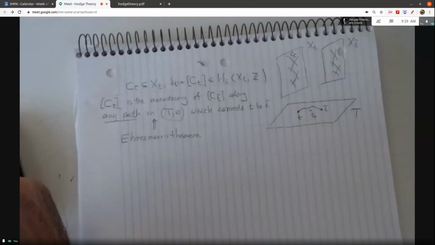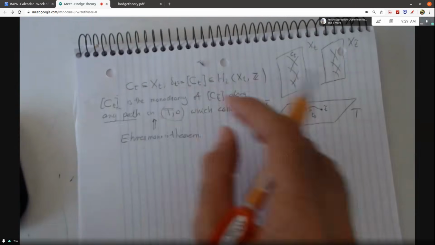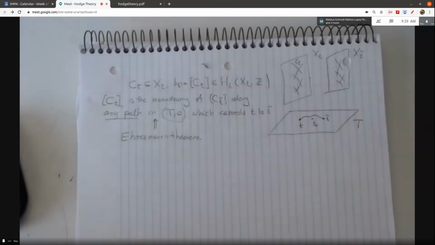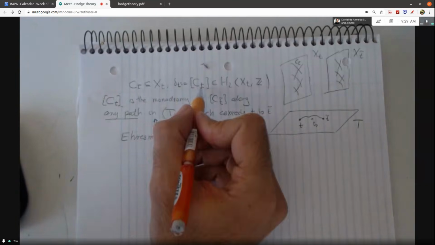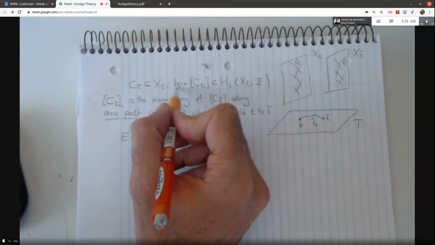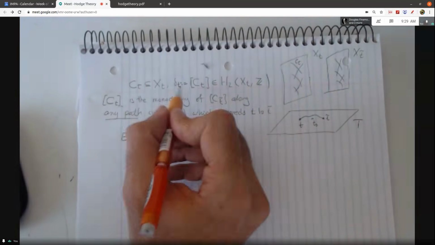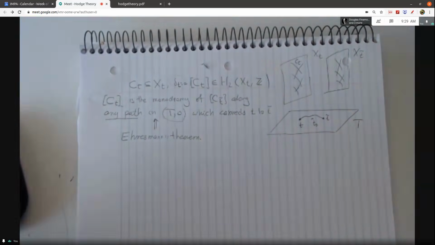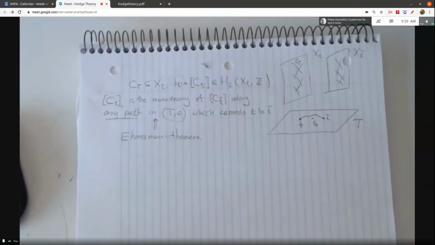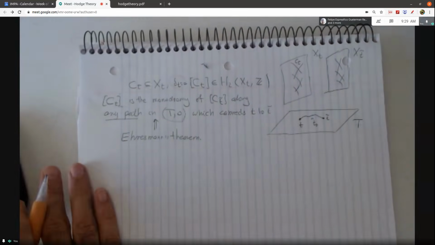But sometimes it is good to mix with this topological idea, though once you mix it, you lose a little bit of rigor. Anyway, you have to try to convince yourself that a family of curves will give me a family of topological cycles, and each one is the monodromy of another.